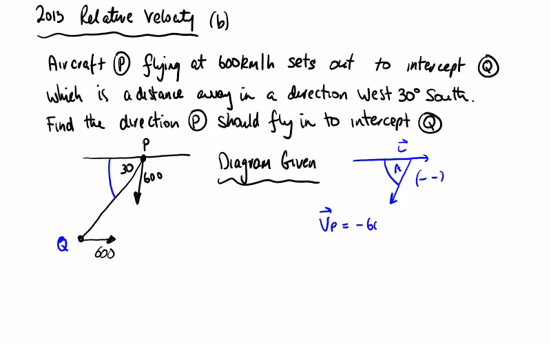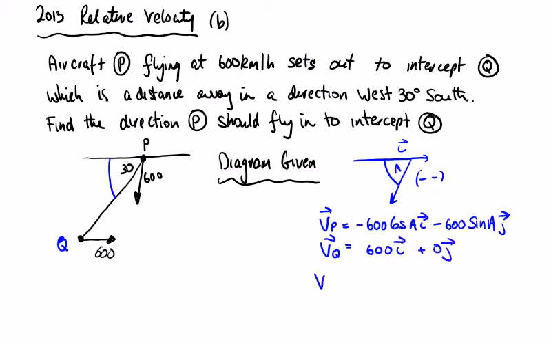So minus 600 cos A times I, as I is adjacent to the angle, and then minus 600 sine A times J. The velocity of Q is equal to 600 I plus 0 J.